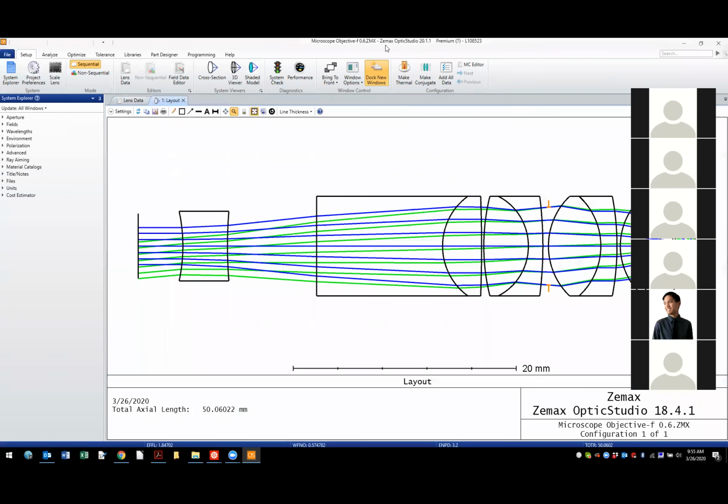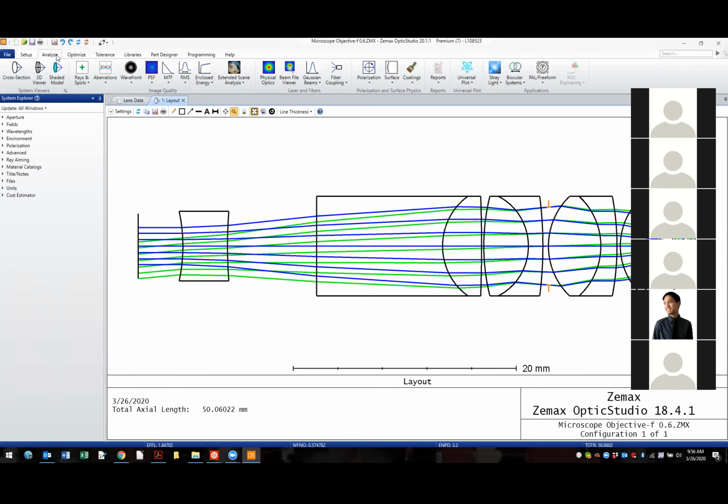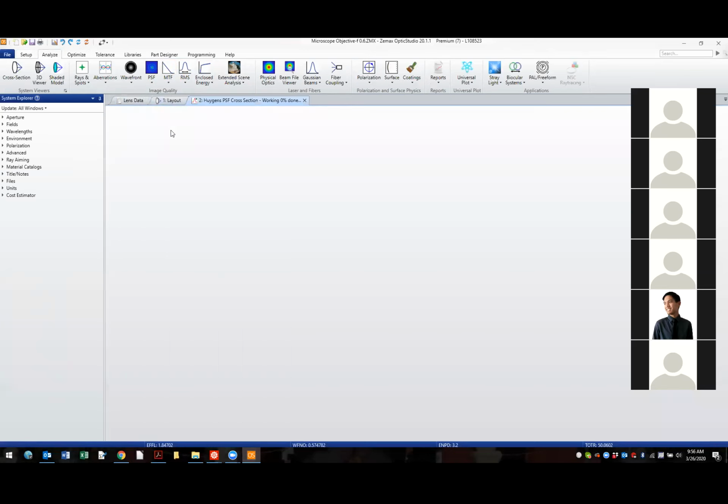I meant to look at a PSF cross-section, not a cross-section of the system. So we'll go to PSF, Huygens PSF cross-section.